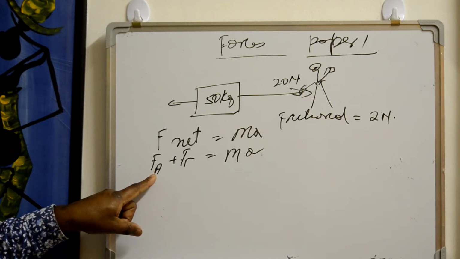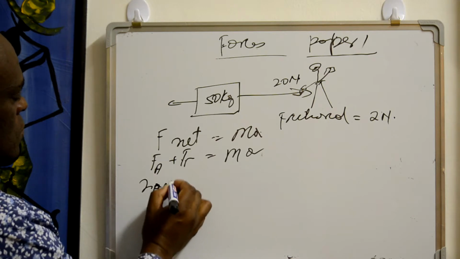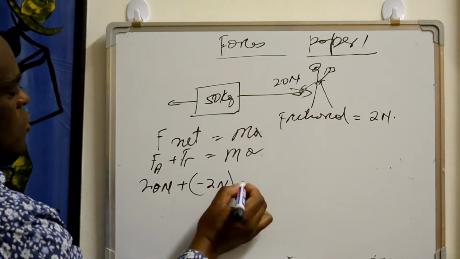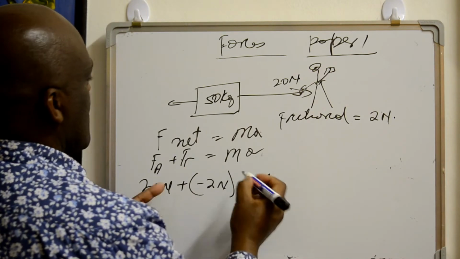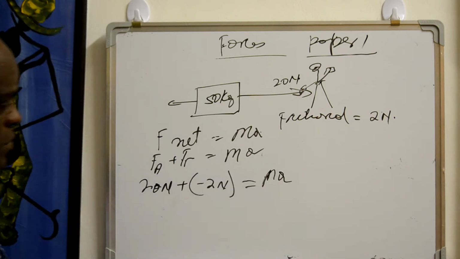What is my force applied? Let's say it is 20 Newton. What is my friction force? It's minus 2 Newton, and that is equal to mass times acceleration.